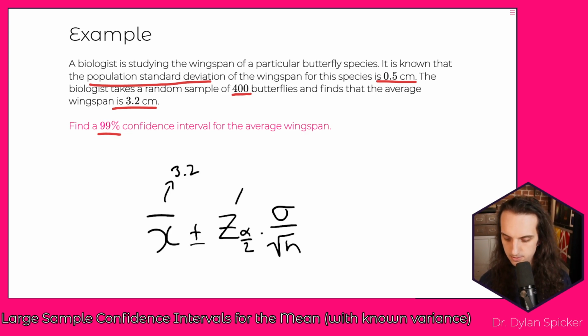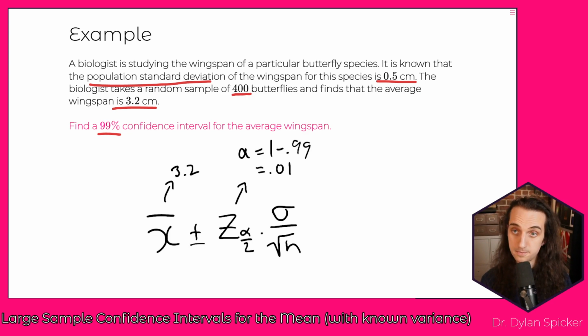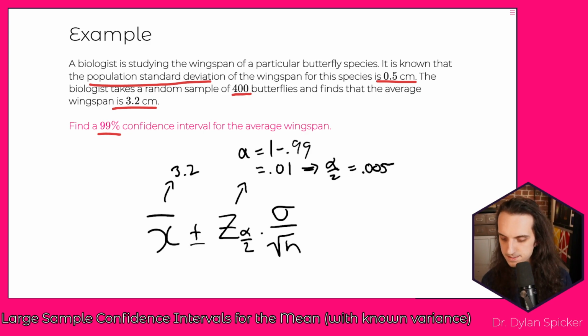For z alpha over 2, alpha is always 1 minus our confidence level, so that's 1 minus 0.99. So alpha is going to be 0.01, which means that alpha over 2 is 0.005. So we're going to want the critical value from 0.005. Sigma, we are told, is 0.5, and then n is 400.